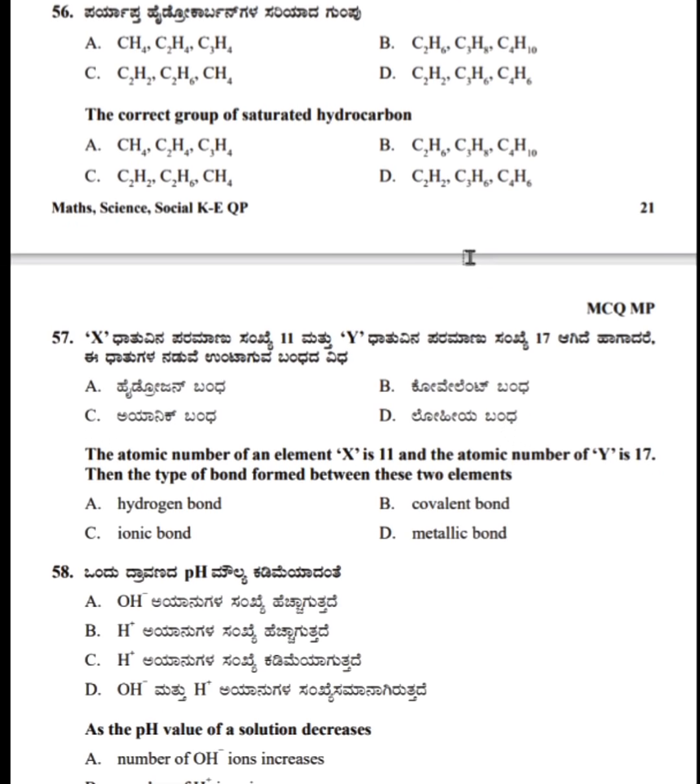Question number 56. The correct group of saturated hydrocarbons is. In saturated hydrocarbons, the type of bonding will be single. Therefore, we should check for the compounds in the options that have single bonding.